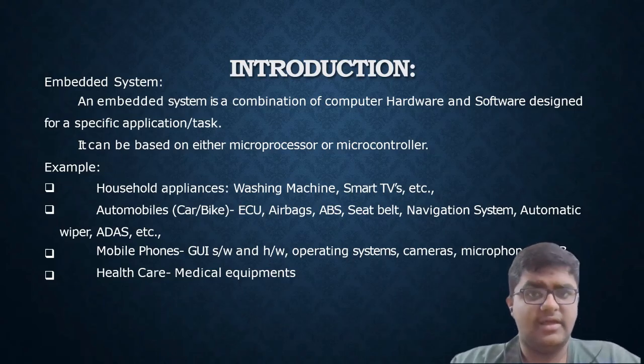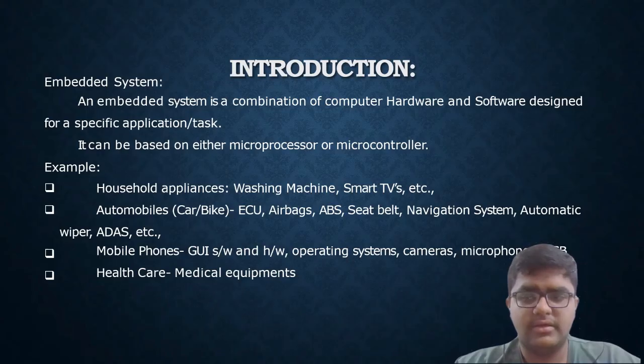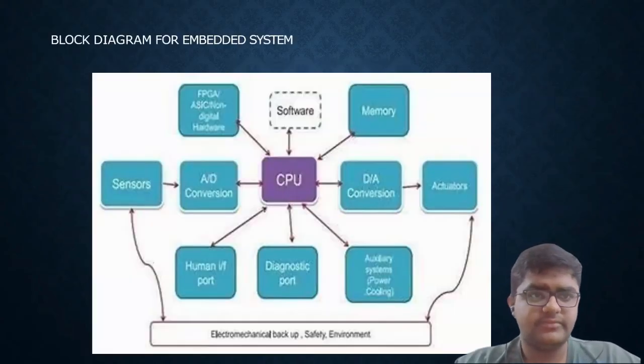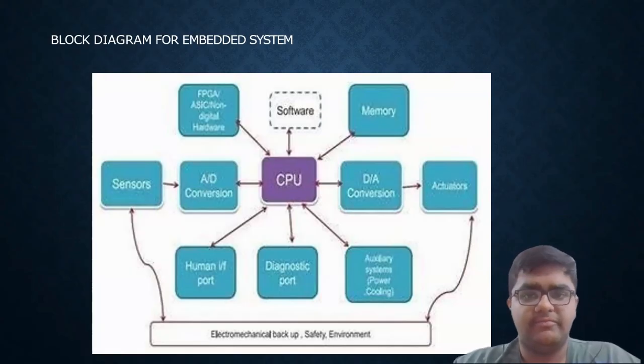In healthcare, there are multiple equipments that we use which are embedded systems. Here you can see what an embedded system basically looks like. The central part of an embedded system is a CPU, the processor, and it manipulates all kinds of different peripherals. It takes its data from memories, writes into memories.